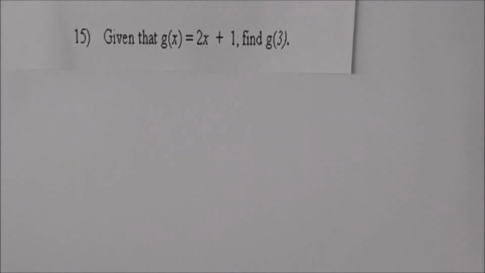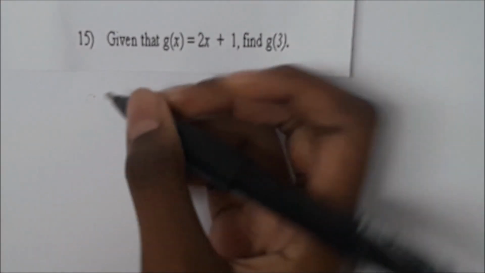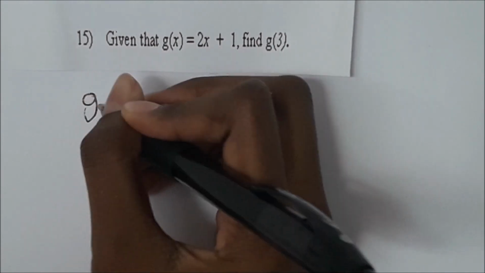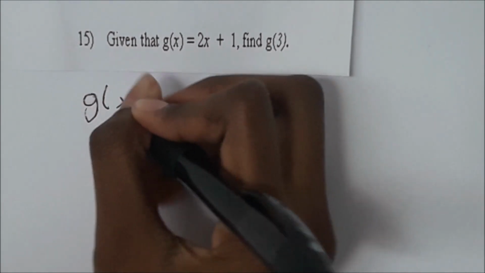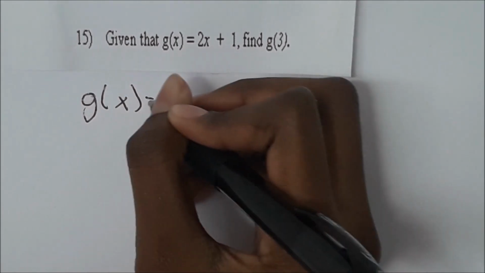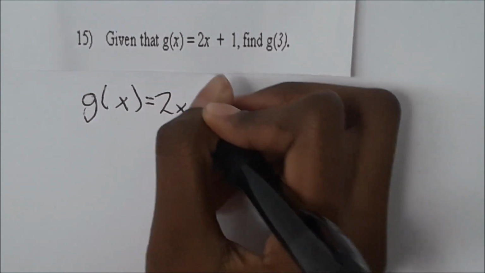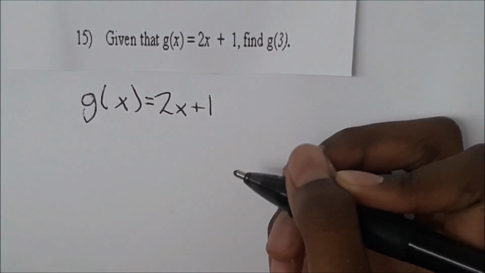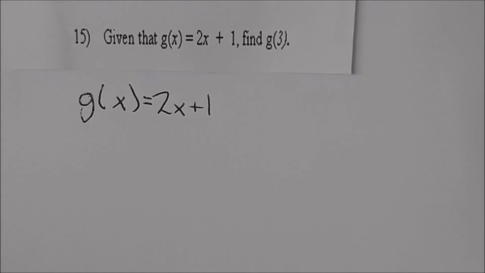Okay, Raphael, read number 15. Given that g of x equals 2x plus 1, find g of 3. Okay, so you're dealing with functions, so write it again, g of x under it. Now, you want to replace the x with what? 3.